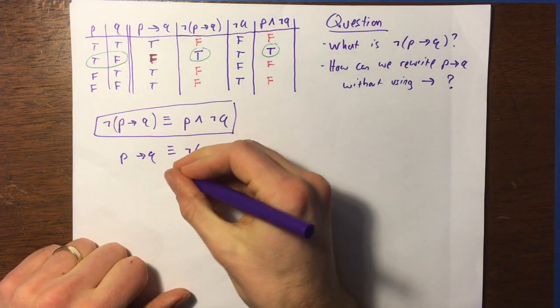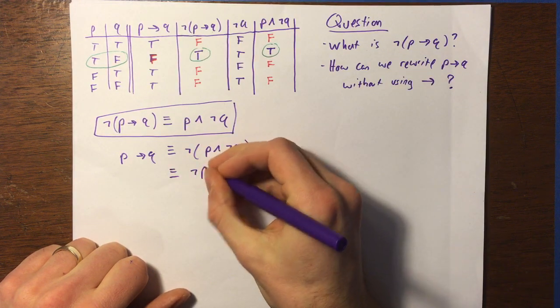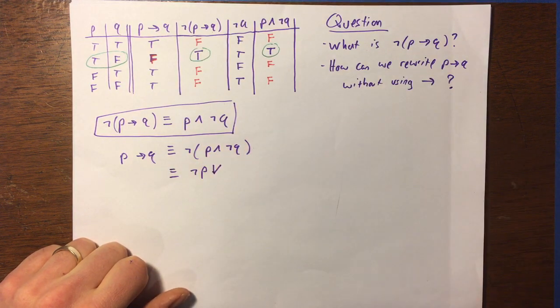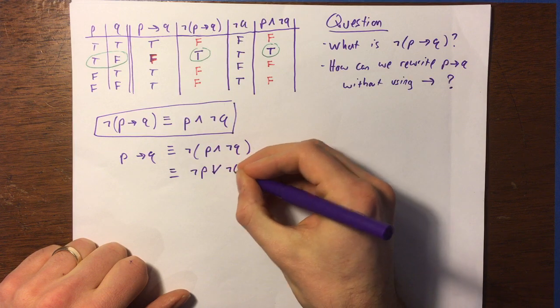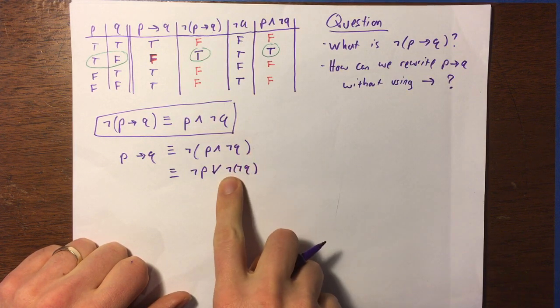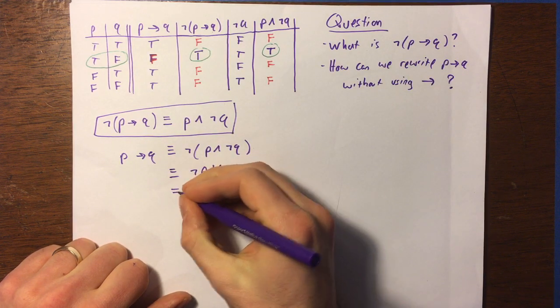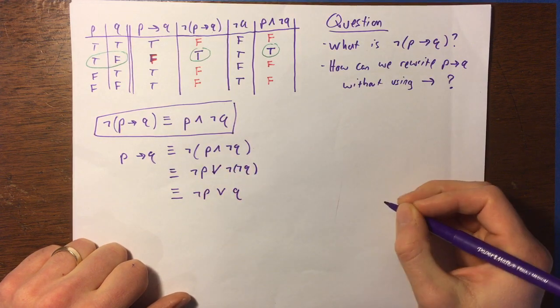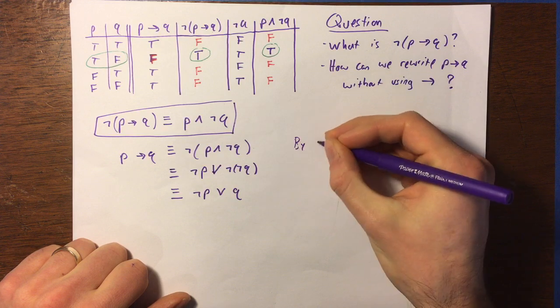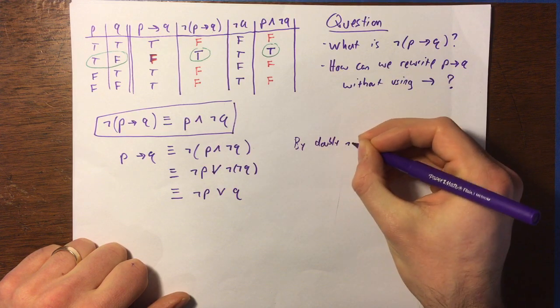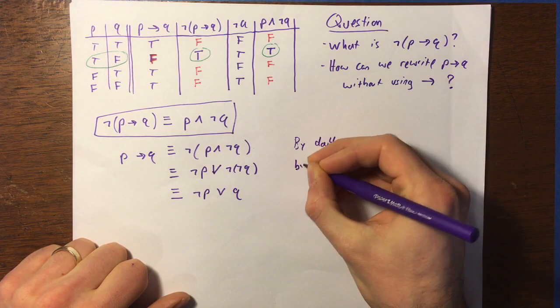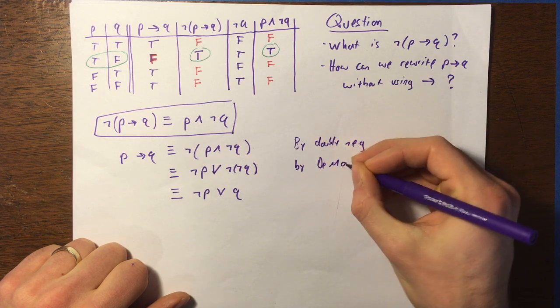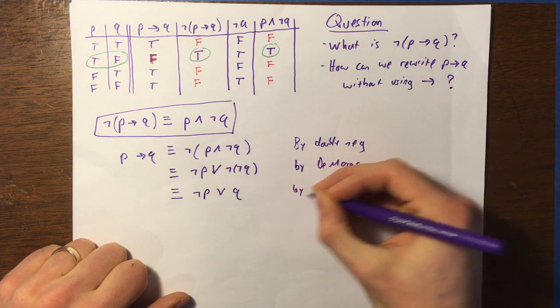So this is equivalent to not P or, there's De Morgan's law, not not Q. And then the double negative is going to cancel out again. So this becomes not P or Q. So this was by double negative, and then this step is by De Morgan, and this is by double negative again.